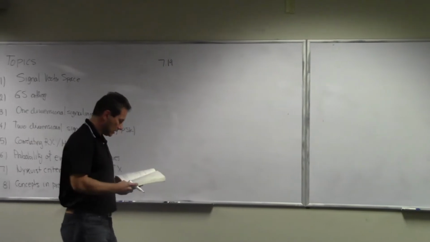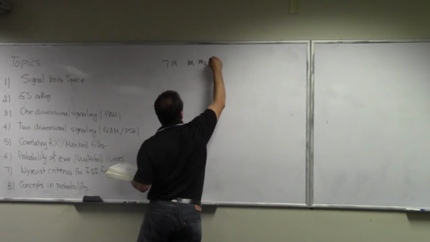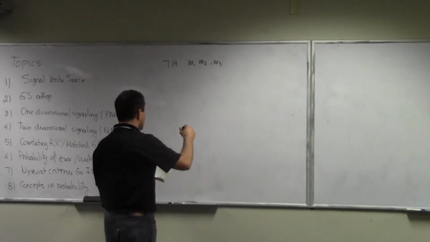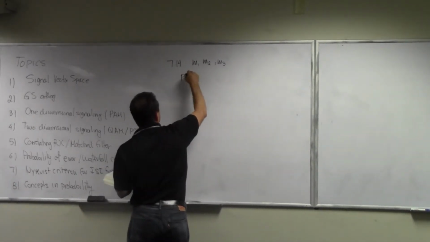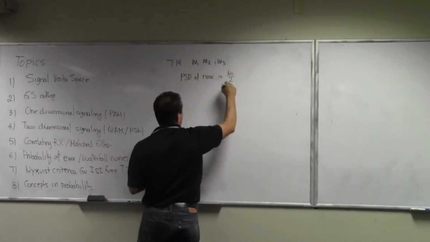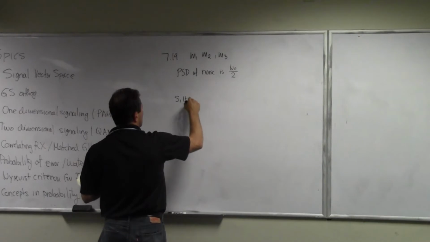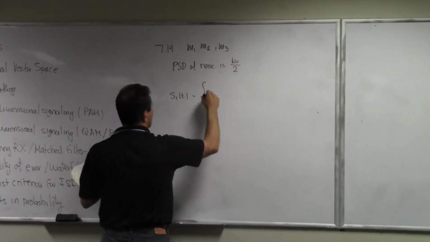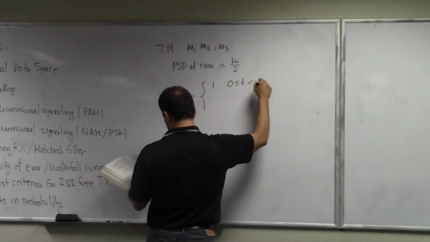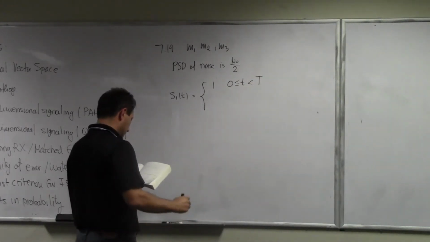There are three message signals, M1, M2, and M3, and they are to be transmitted over AWGN with the noise power spectral density, PSD of noise, N0 over 2. The messages are S1 of t is equal to 1 between 0 and T. You see there's a typo here, it's not 1, it should be t.